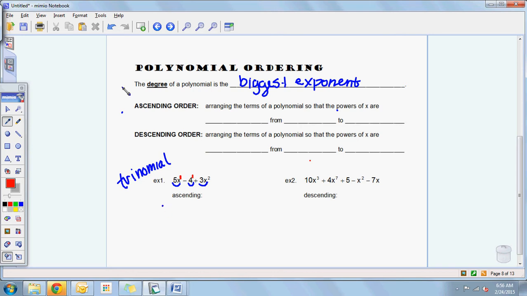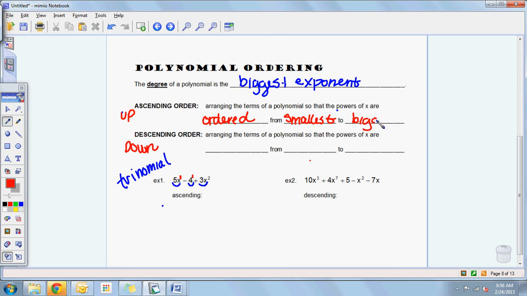So when you think of ascending, if you're ascending into the sky, you are going up. That's what ascending means. Descending means going down. You're descending down the stairs, okay? So you are going to have to rearrange the terms of a polynomial so that all the powers of x are ordered from smallest to biggest.